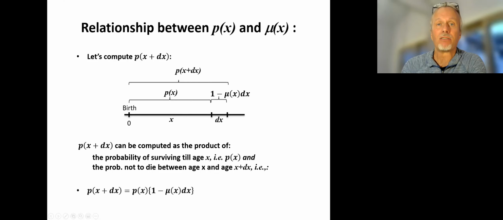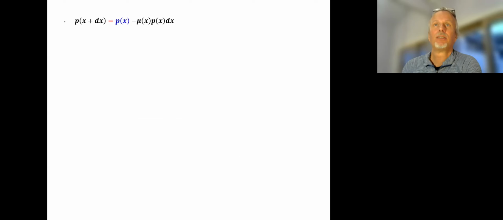So we can now compute p of x plus dx as the product of p of x, the probability of surviving from birth to age x, times the probability of not dying in the little interval dx, which is 1 minus mu of x dx.